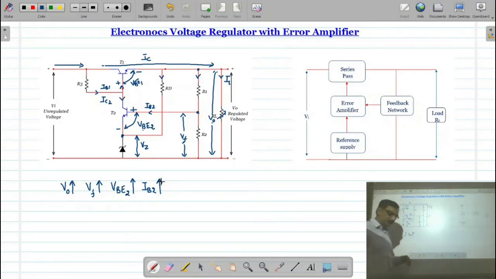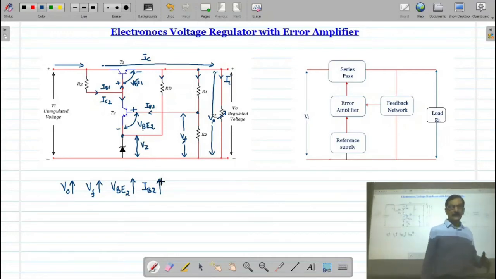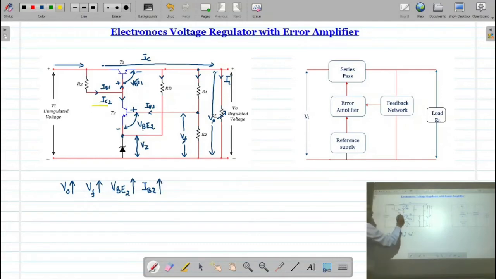Now we know that there is a relation between the base current and collector current. Base current will increase, then naturally the collector current is also increasing. This collector current is going to flow in this way, remember. So this current IC2 will increase. Here we can write that IC2 is also increasing.